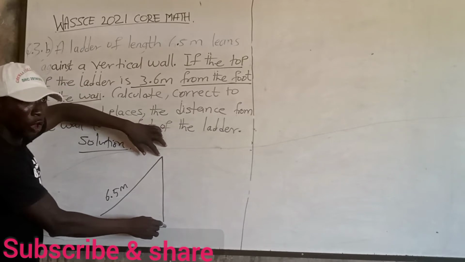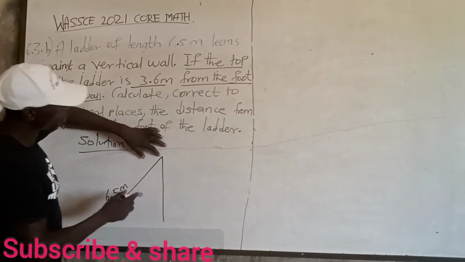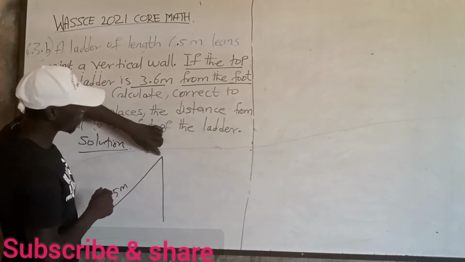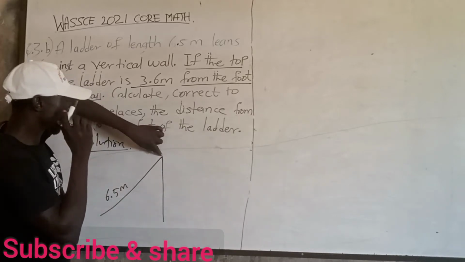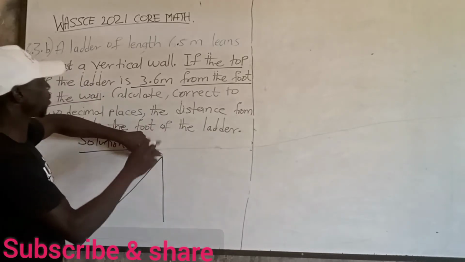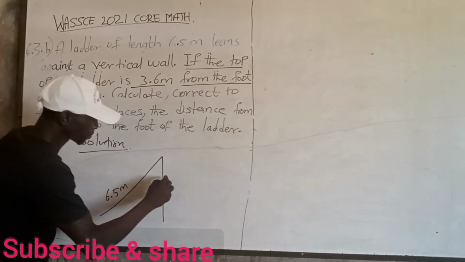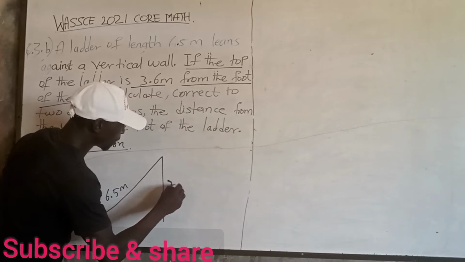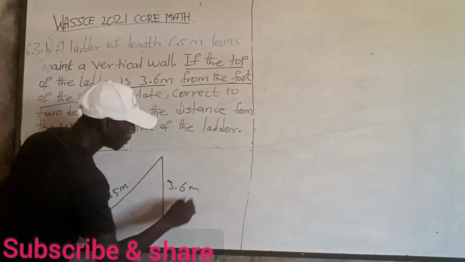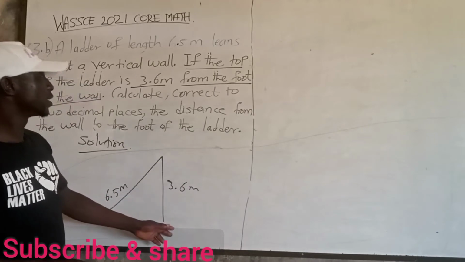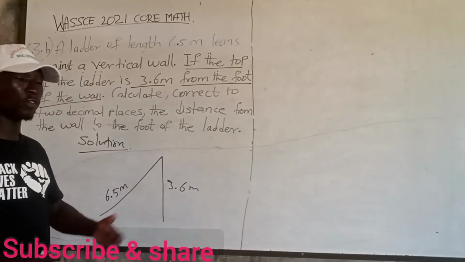This is the foot of the wall or the base. So the top of the ladder is 3.6 meters from the foot of the wall. So we have 3.6 meters as the height of the wall. That is the height of the wall.